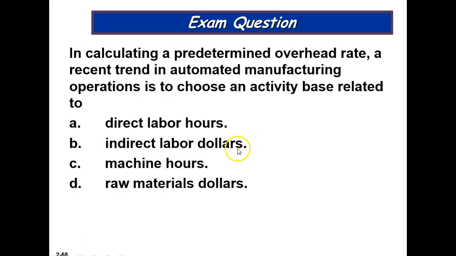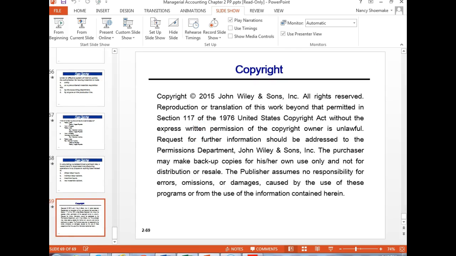In calculating a predetermined overhead rate, a recent trend in automated manufacturing operations is to choose an activity base related to direct labor hours, indirect labor hours, machine hours. This is an automated manufacturing. Get it? Got it. Okay. So guys, you will get questions like that to help you prepare for what the quiz will be like.